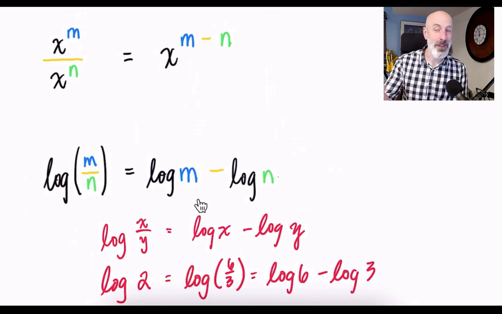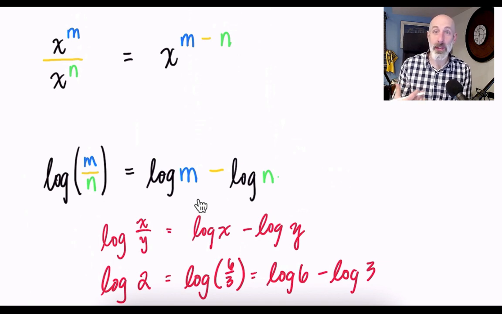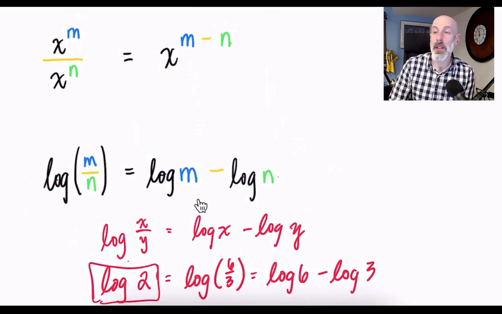We're allowed to do this. That doesn't always mean it's going to help us out and get us to a nicer answer. Obviously, log 2 is going to be a more simplified version of what we want here.